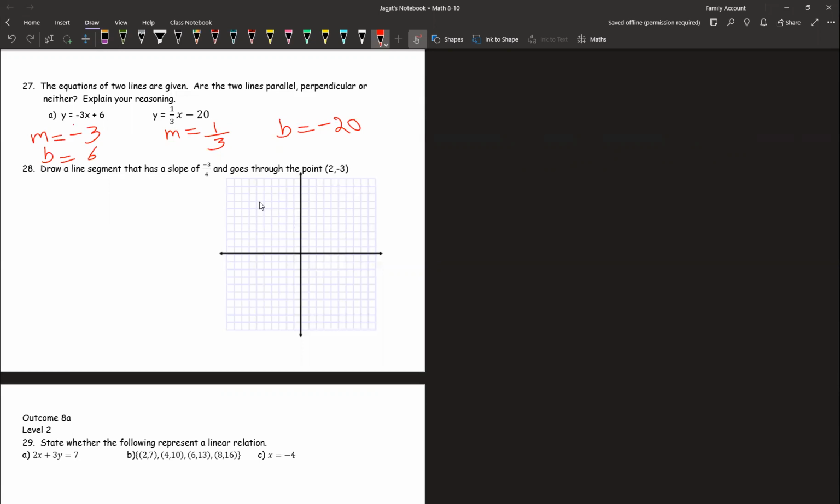You can see that their slopes are negative reciprocals. If you look at minus 3, the sign has been switched. Minus 3 can be thought of as minus 3 over 1. The sign got switched, became positive, and the numerator and the denominator swapped. So it's the negative reciprocal. Therefore, these 2 lines are perpendicular to each other because their slopes are negative reciprocals of each other.